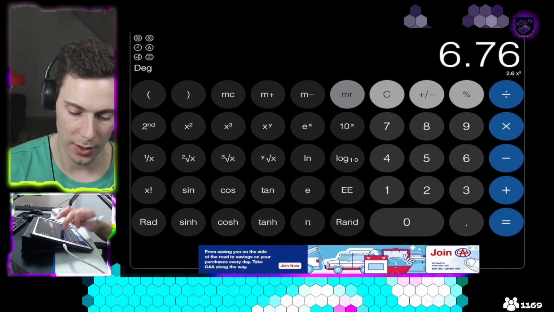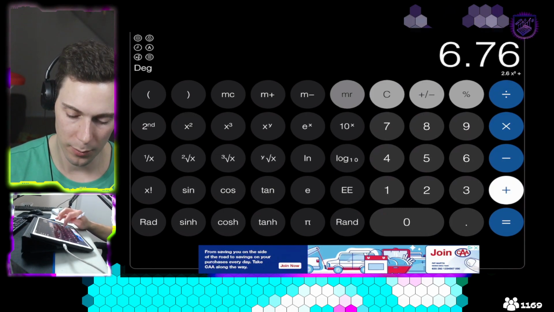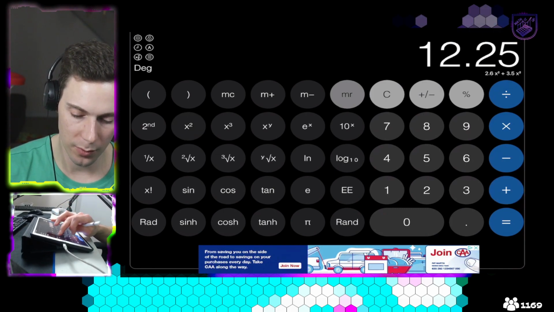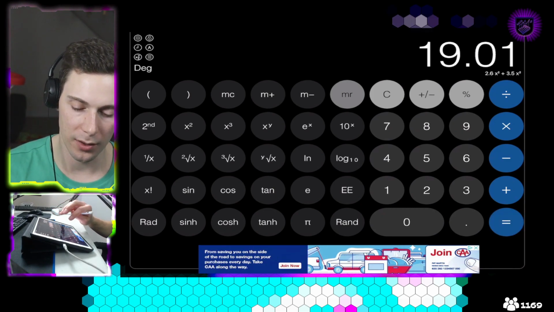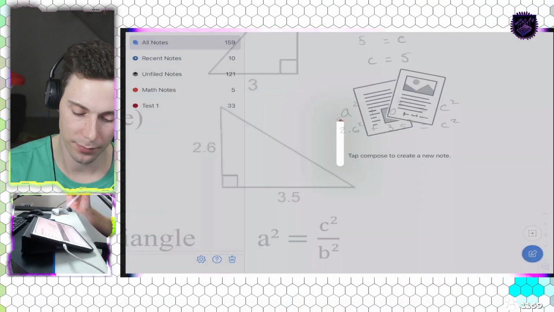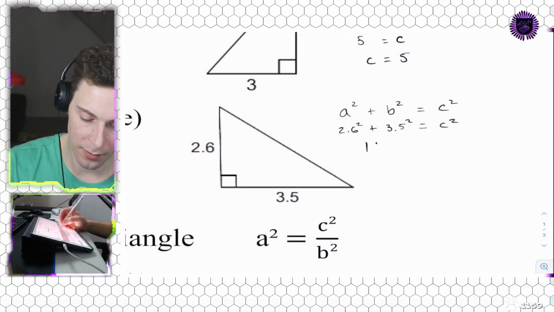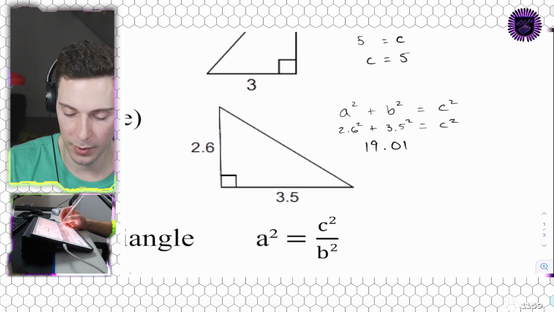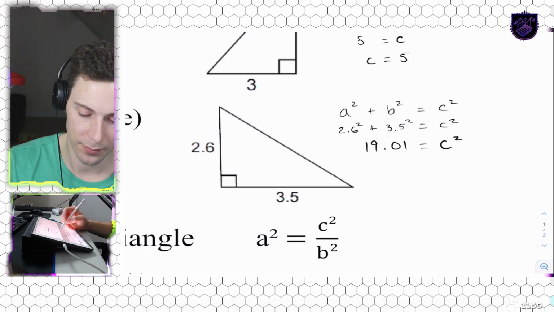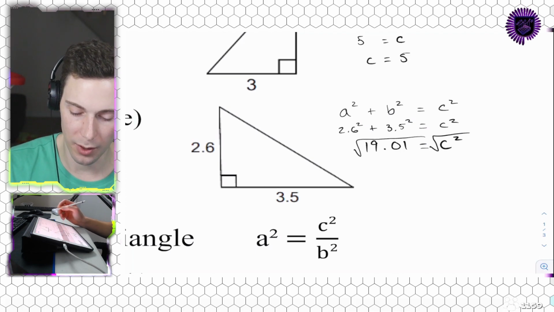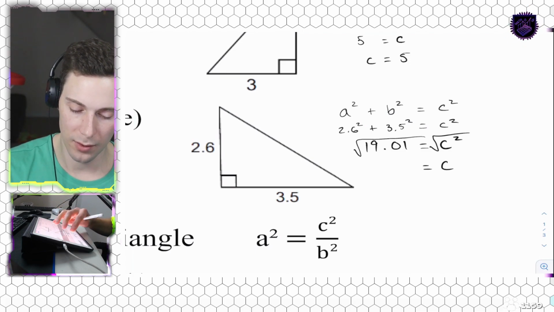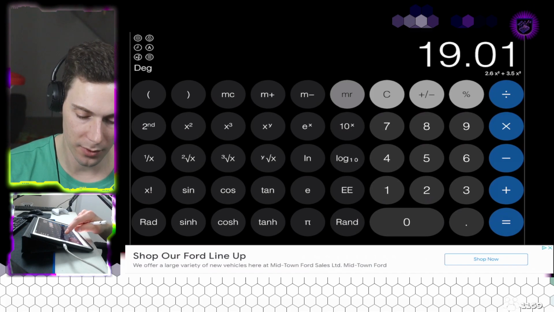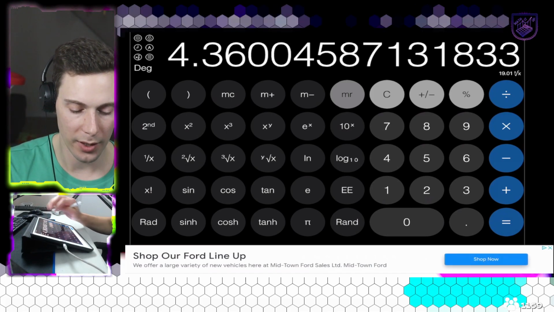2.6 squared plus 3.5 squared equals 19.01. So 19.01 is equal to c squared. We can do square root on both of those, and we're going to be given 4.36.